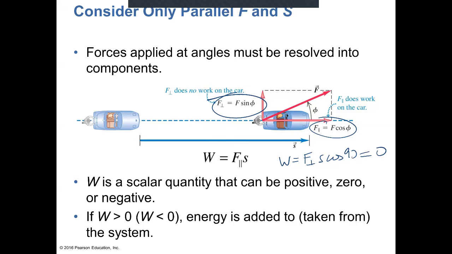That's 0. Whereas the parallel component is in the same direction, so angle theta is 0 for that, so it does positive work. This is done by the parallel component, this is done by the perpendicular component. And one of the things we see is that every time the force is perpendicular to the displacement, that particular force never does any work. All right.